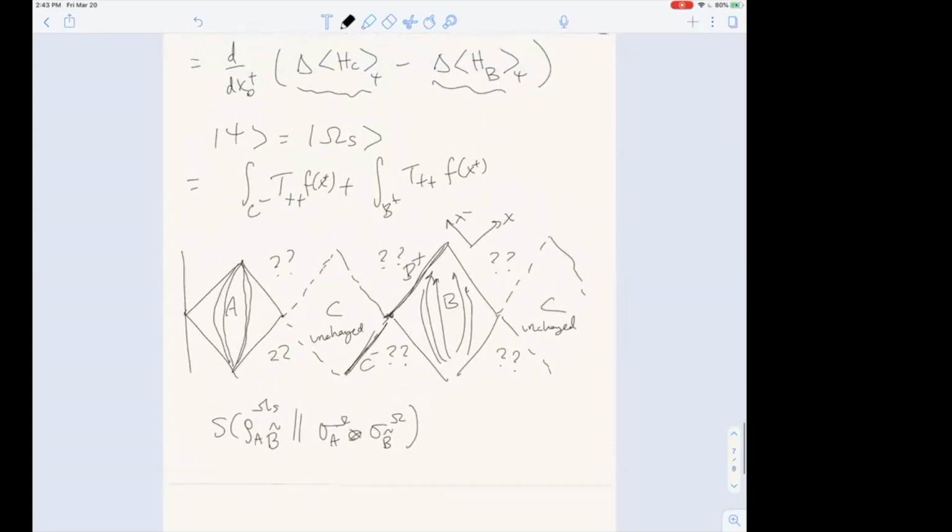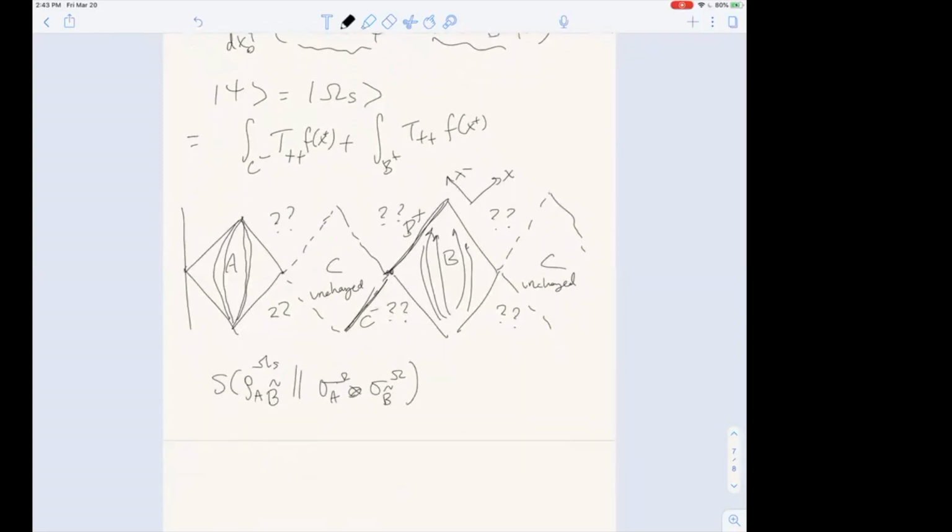This is the object that we need to understand, where now B tilde is some slightly smaller region in B, okay? I want to understand what happens as I change the position of B tilde, let's say on the null horizon, as I move it up or down, what happens to this quantity.